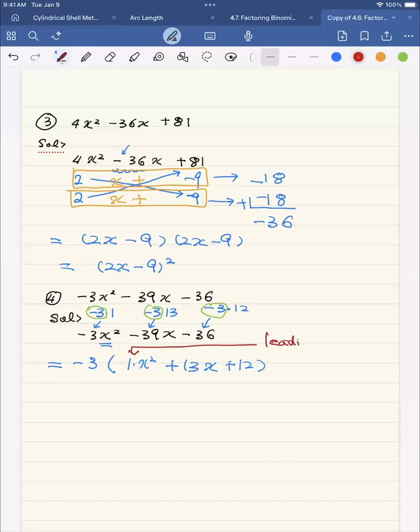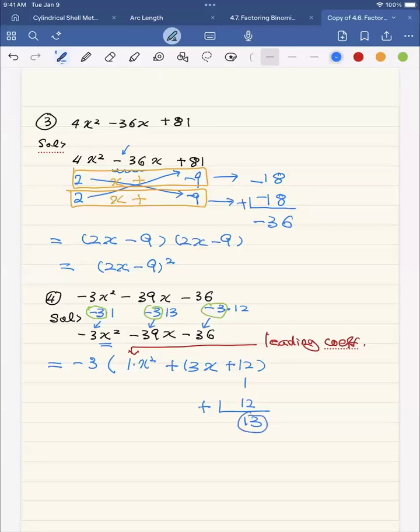What's important here is 1 is the leading coefficient. So we have to look for the numbers whose multiplication becomes 12 and whose addition becomes 13. When we do 1 times 12, we will get 13.